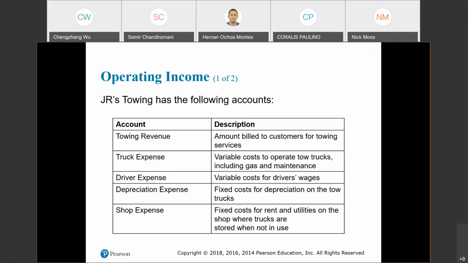These two expenses are fixed costs. So similarly, we can see that service companies also have a source of revenue. They provide towing services. They also have the variable cost, and they also have the fixed cost.